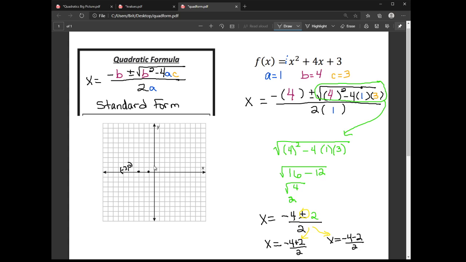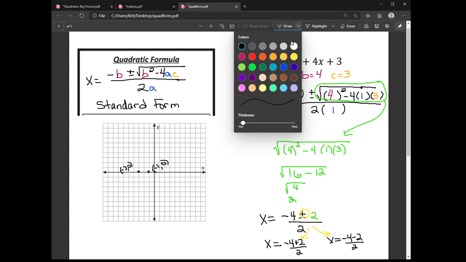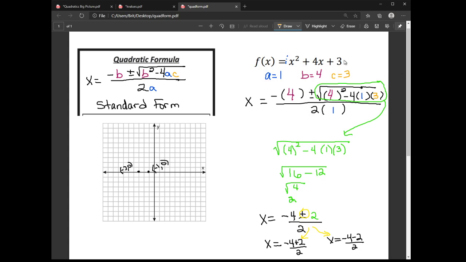Now, what's nice about this is if I wanted to continue to graph, there's some easy information I can grab, right? So remember from the earlier part of this presentation, your c value is your y-intercept. So I know that on this y-axis I'm going up by 3. And I know that there's an axis of symmetry halfway between these 2 points.